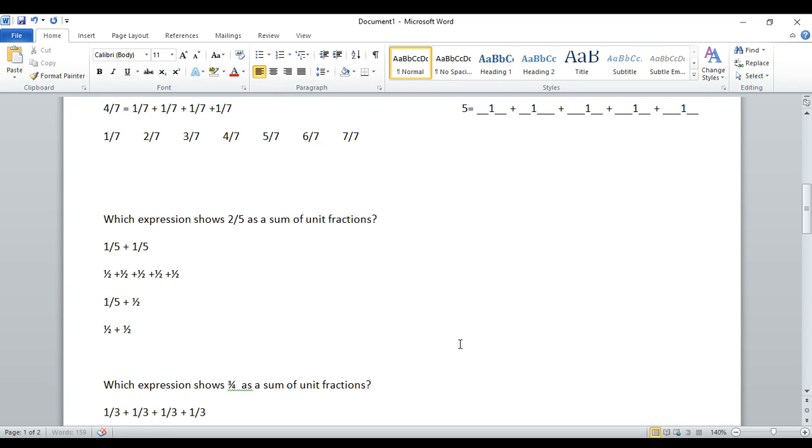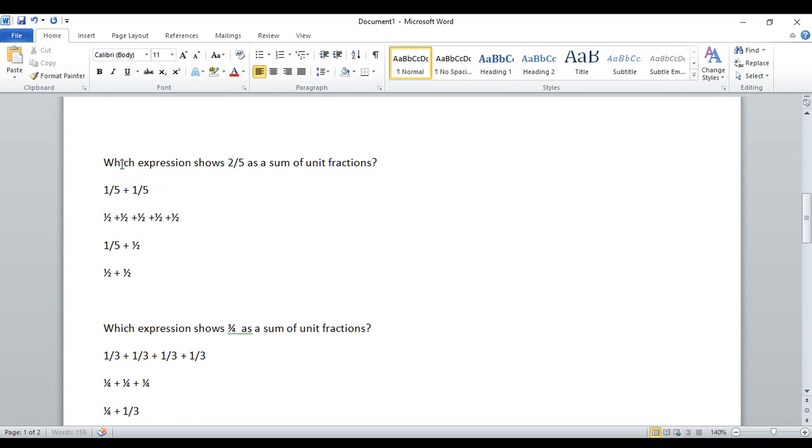So that's going to be one of the types of questions you're going to be asked. Another one is a question like this: which expression shows 2/5 as a sum of unit fractions? Now remember that sum means adding, and it wants you to take this 2/5 and say, what little math problem down here will be equal to 2/5?